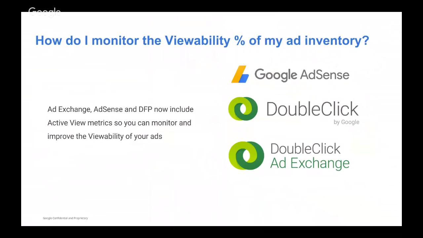The good news for publishers is that you can now monitor viewability percentage of your ad inventory through reports in AdSense, in DoubleClick for Publishers, and in Ad Exchange. Within your account, you'll notice metrics such as active view, which is a metric that shows you how your viewability is going to be measured. We measure active view in the exact same way that the Media Rating Council defines viewability.